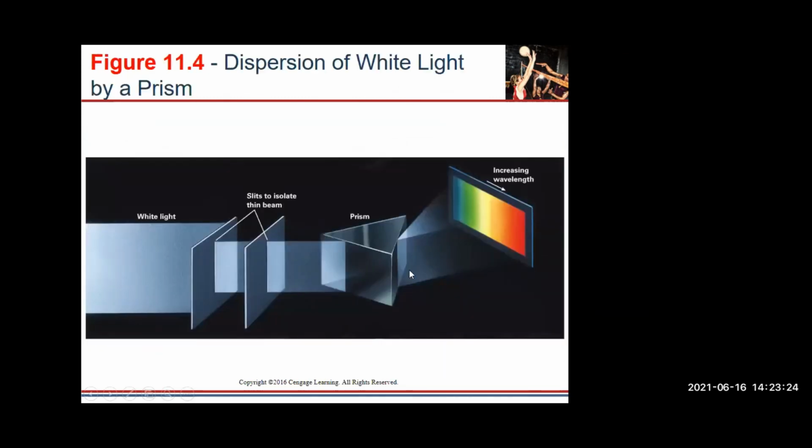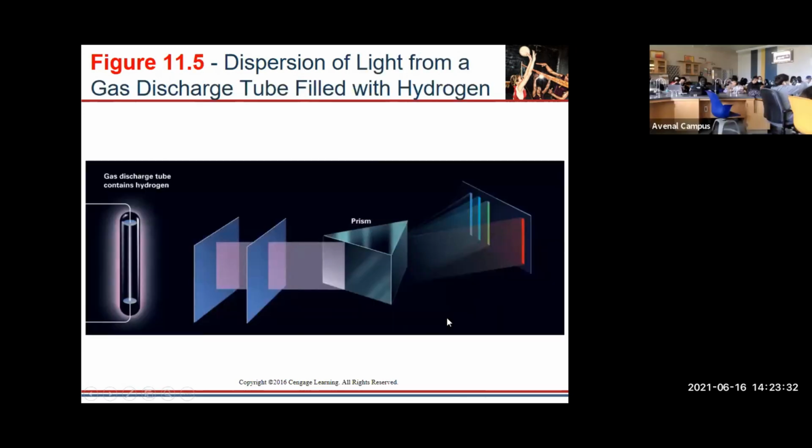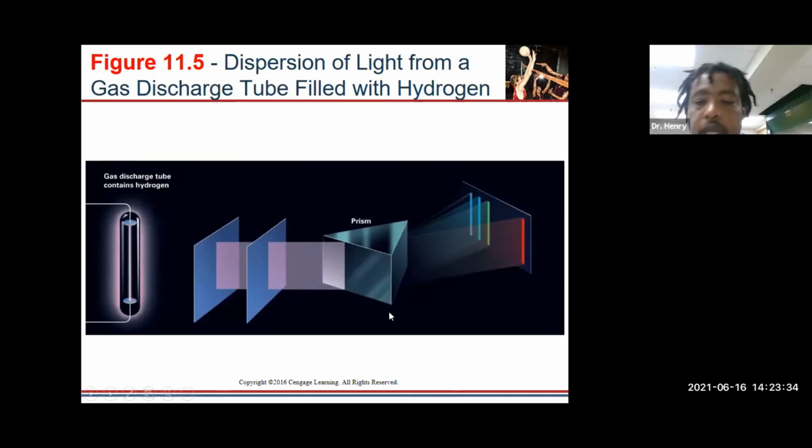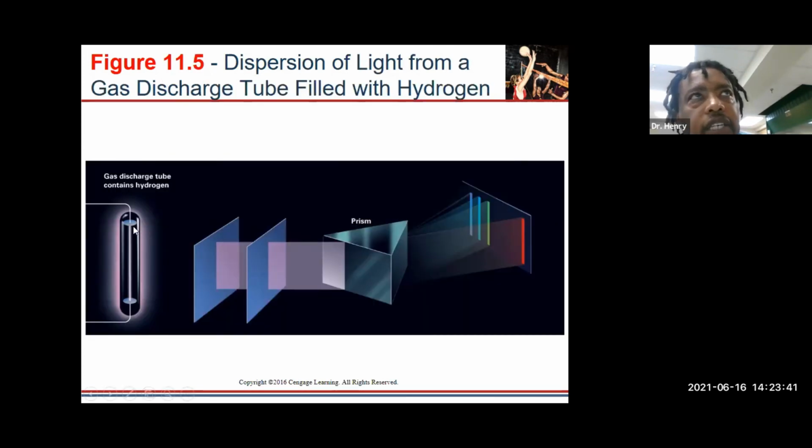Yes. Okay, so this is just showing you again that continuous spectrum. This here is showing you the discrete line. Okay, so here white light gives us that continuous spectrum. Here, this is basically an element. This is just hydrogen gas in a tube, and it's being charged up with energy.